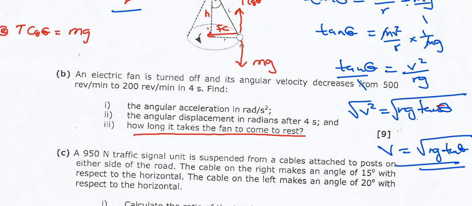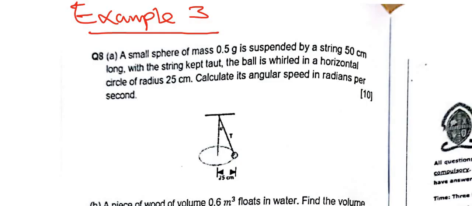Okay, so if this here is okay, look at the next example that we're going to do, example 3, which has values now. So from here, they're saying calculate the angular speed in radians per second.